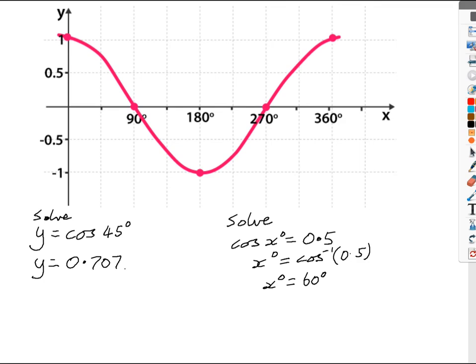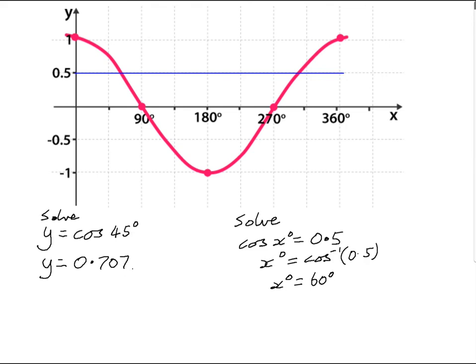So 60 degrees, cos of 0.5, so we already have a line there. So we would expect the solution to be here, and then another one over here. Okay, so the first one from 0 upwards, and then from the second one, 360 backwards.